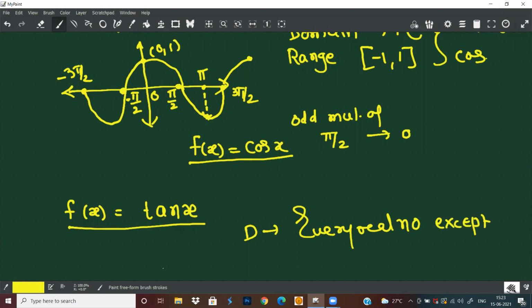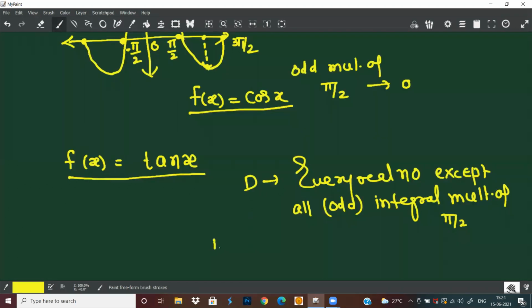Every real number except odd multiples of π/2. Because tan 90, yeah, 3π/2 and all. So how do you write that? My domain is every real number except, how do you write?